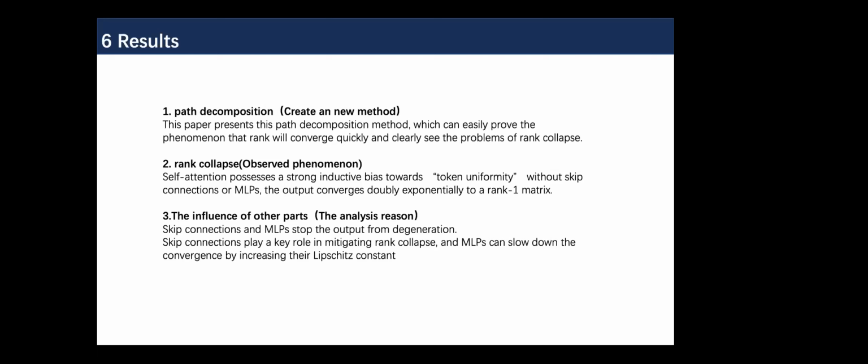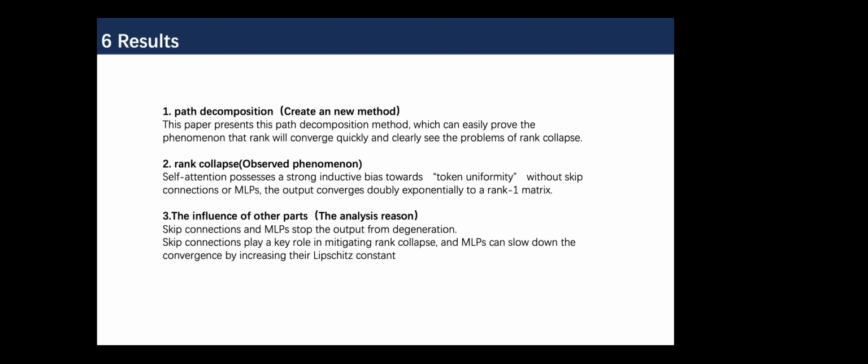And the second one, I call it the observed phenomenon. This phenomenon is rank collapse. Like in the paper, self-attention has a strong inductive bias towards token uniformity without skip connections or MLPs. The output converges doubly exponentially to a rank 1 matrix, and the rank 1 matrix is what we call token uniformity.